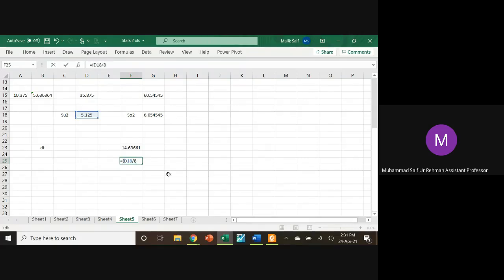This value, and you have to take the square of this. So take the square, and then you have to divide it by the degree of freedom n1 minus 1. That will be 7. So divide it, but before dividing put a brace.